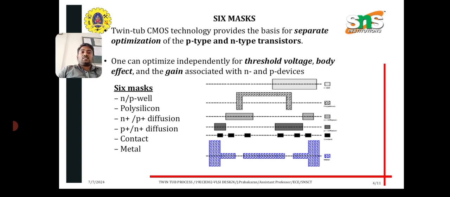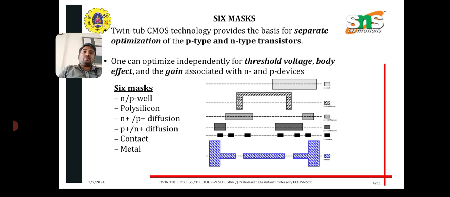The second mask is the polysilicon mask. Polysilicon is a material used in semiconductor manufacturing, often used as a gate material in CMOS transistors due to its conductivity and compatibility with silicon. And N plus P plus diffusion refers to the process of doping regions of silicon with a high concentration of donor and acceptor atoms.